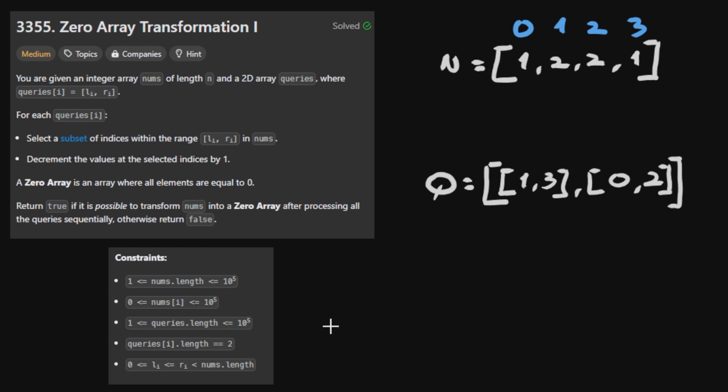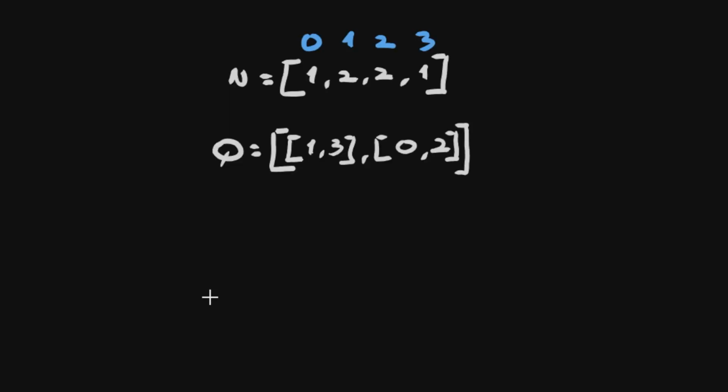We need to think about something more efficient, for example something that runs in big O of n. And luckily for us, there's one simple trick that we can use here. We can use what's called a difference array and a prefix sum.